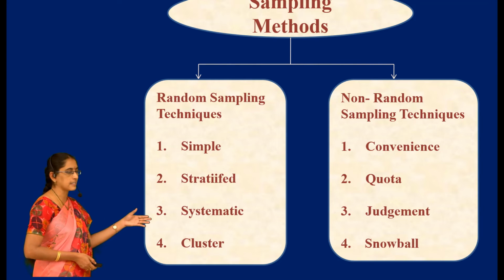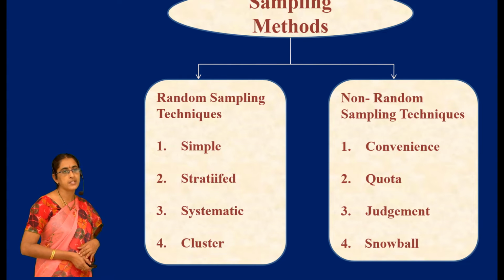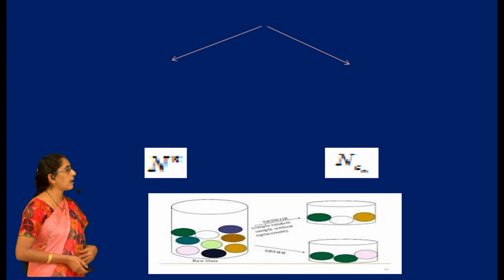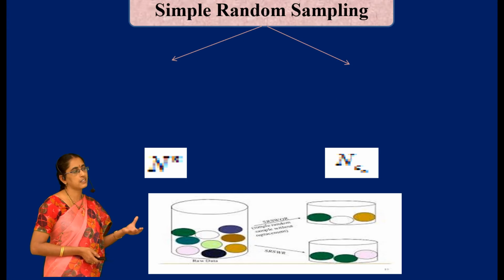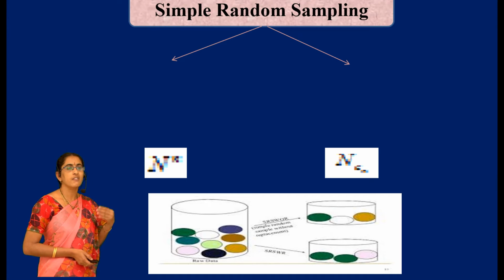Now we will discuss what simple random sampling, stratified, systematic and cluster random sampling are. Simple random sampling means that if we want to select a sample from the population, we select it in a very simple manner.